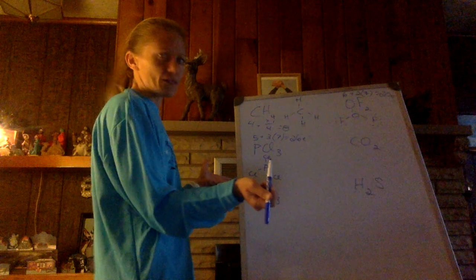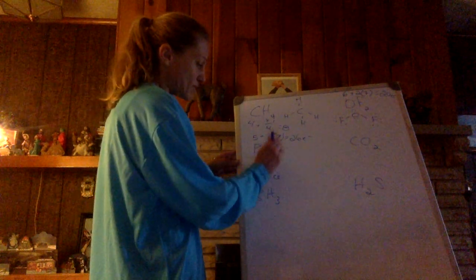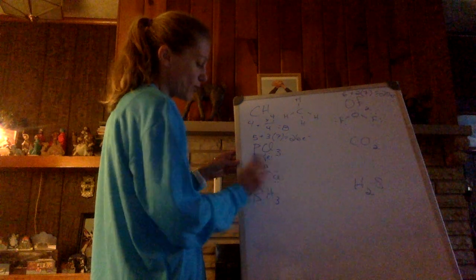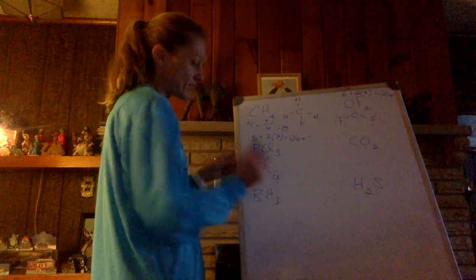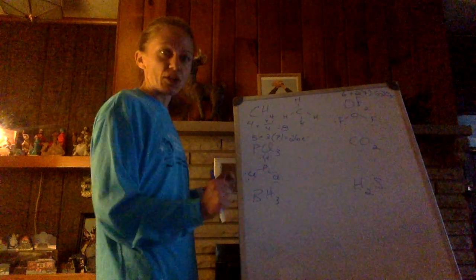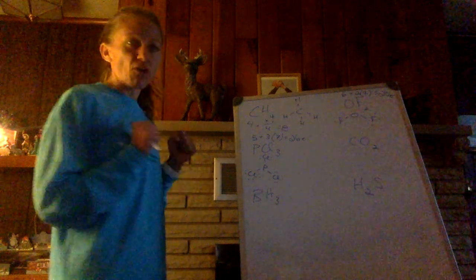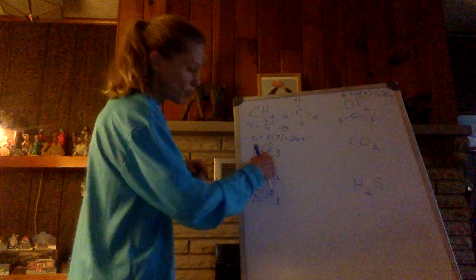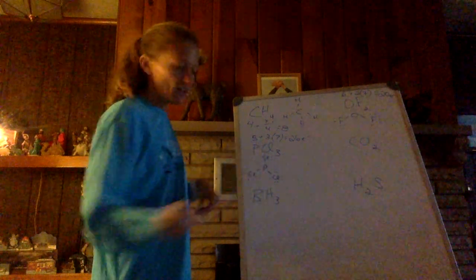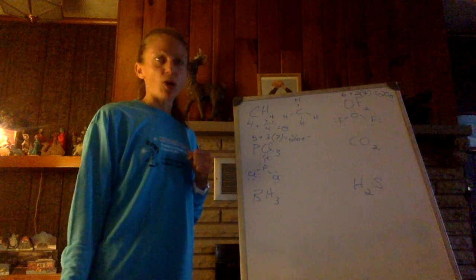Each chlorine's going to want 6 dots, because it's in group 17, that's what it does. 2, 4, 6, 8, 10, 12, 14, 16, 18, 20, 22, 24. I have 2 left. Chlorine's good. It must be that phosphorus that needs them. 2, 4, 6, 8. That middle atom's all jammed up.